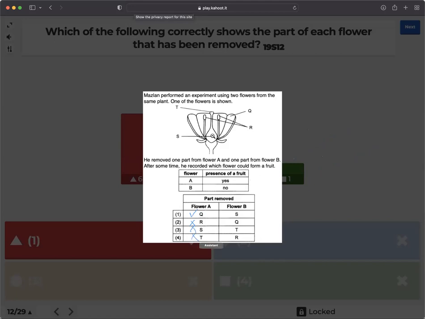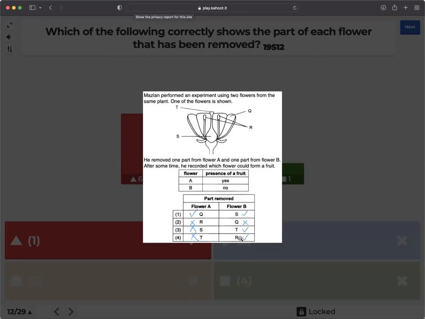So the answer will be just number 1. Then number 2, you will not have any fruit. If you remove the S, T, or R, there will be no fruit because you can't pollinate, or you also cannot fertilize. So Q is wrong, but you can remove the other 3.